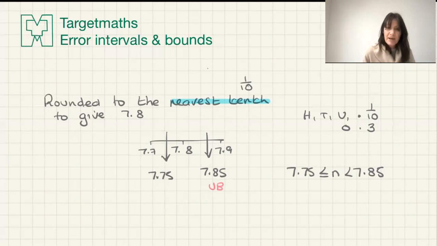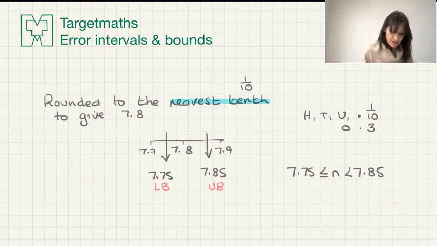That's my upper bound, which means this is my lower bound. So if I'm being asked to find a lower or an upper bound, they're actually just asking me to do the same thing, find that error interval, but just select either the lower number or the bigger number. And that's all the bounds are, okay?